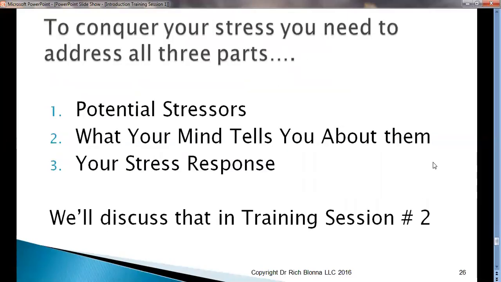Okay, welcome back. So hopefully you've gotten a handle on your own stress response, and you can start to see how your body and mind react to stress and how you feel at this point in your life, because we're all unique.